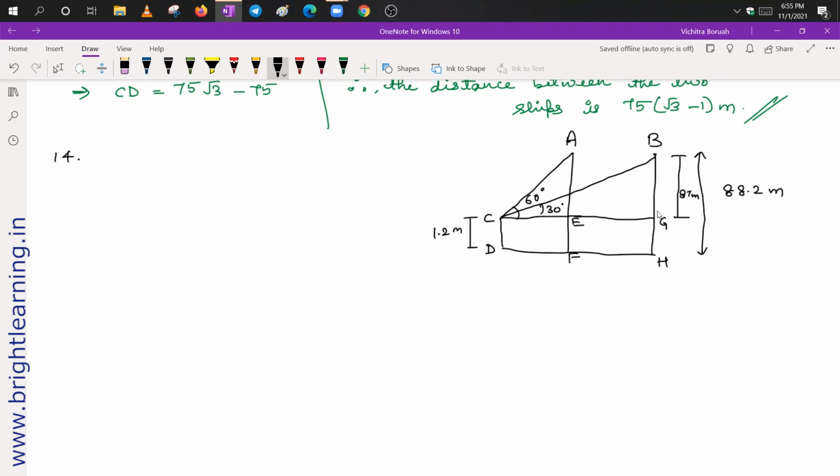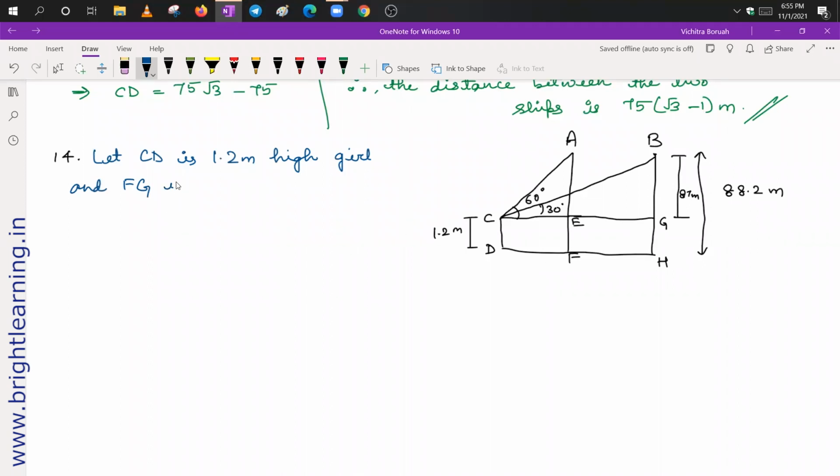So here we will write: let CD be the 1.2 meter high girl, and suppose FG is the distance traveled by the balloon.